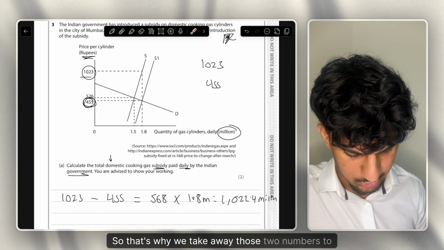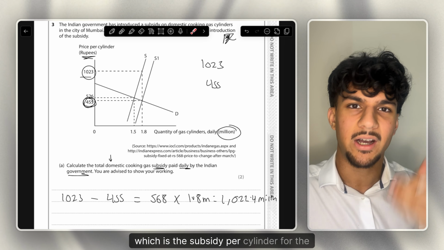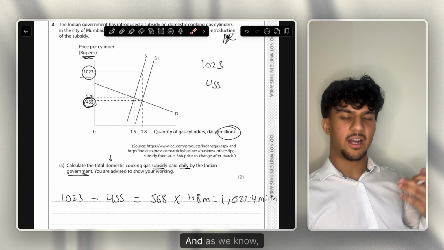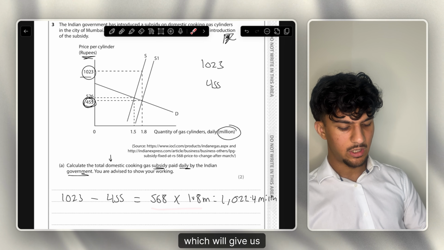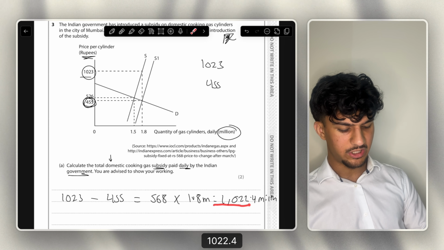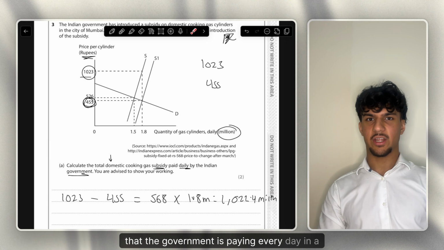So that's why we take away those two numbers to get 568, which is the subsidy per cylinder for the government. And as we know, there are 1.8 million cylinders, so we times them together, which gives us 1,022.4 million that the government is paying every day in a subsidy.